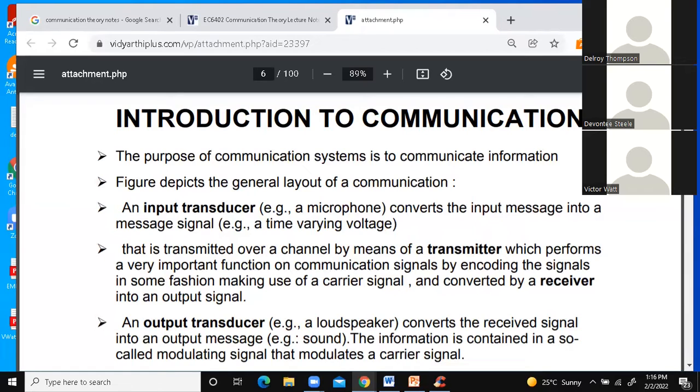So we use it for both, right? So the information is contained in a so-called modulating signal that modulates a carrier signal.